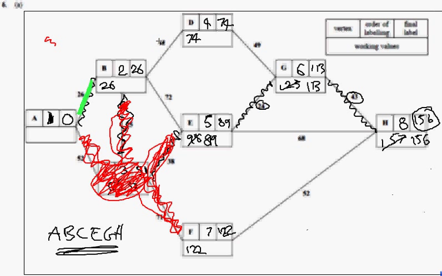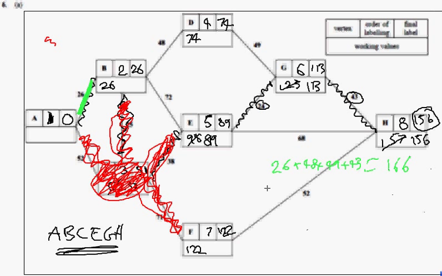So we got 26 plus 48 plus 49 plus 43. Let's type it in on the calculator, see what it comes to. 26 plus 48 plus 49 plus 43, that's 166.